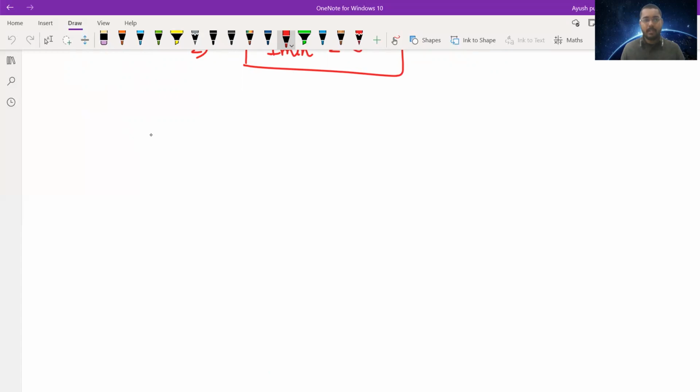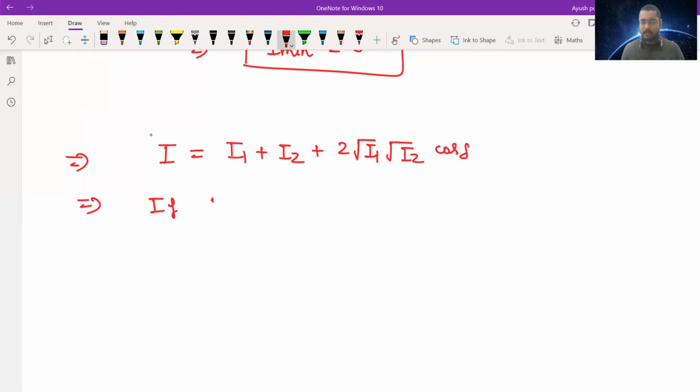Okay, so now let's calculate. The formula of intensity is I is equal to I1 plus I2 plus 2 root I1 root I2 cos delta, right? So if again I am taking this case of I1 is equal to I2 is equal to I0, let's put this in the above equation.